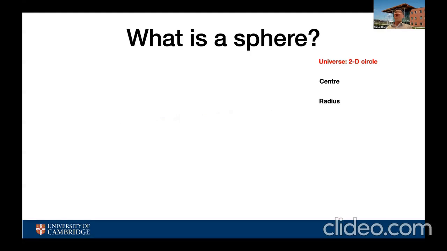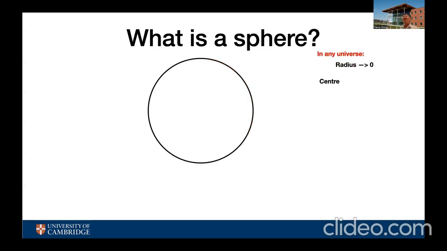If the universe is the 2D circle, what is the sphere on this circle? Yes, great. And what is the power of this representation, an arc? The complement of a set is also an arc. It's closed. Yeah. And it's very useful. So it's an arc.